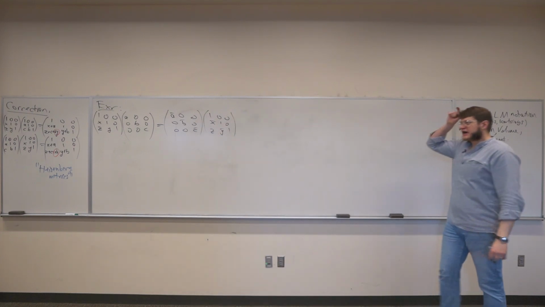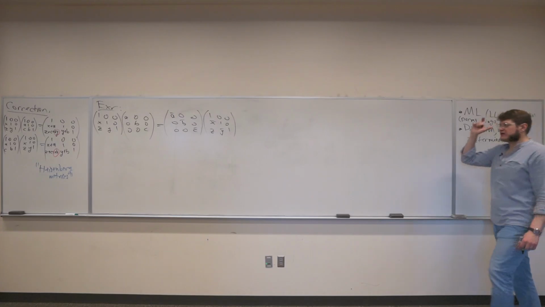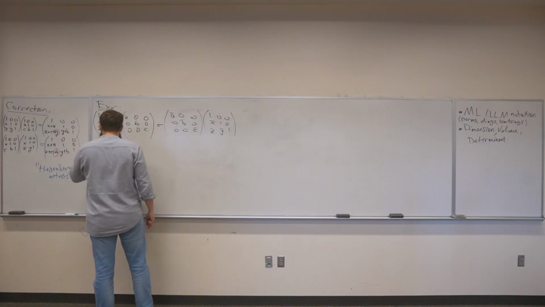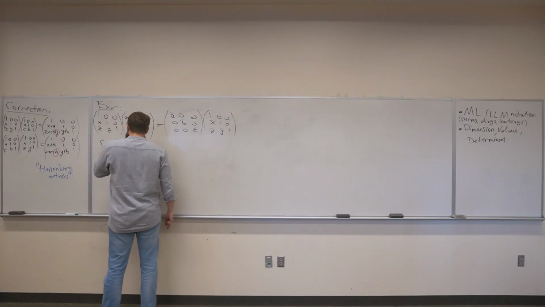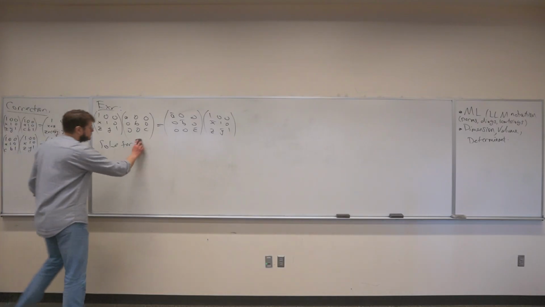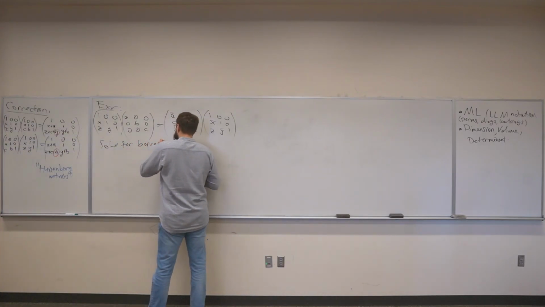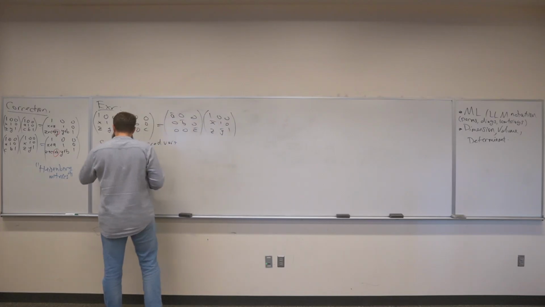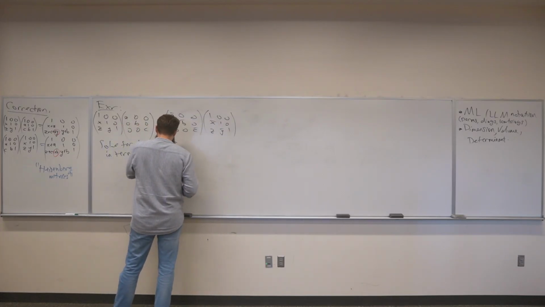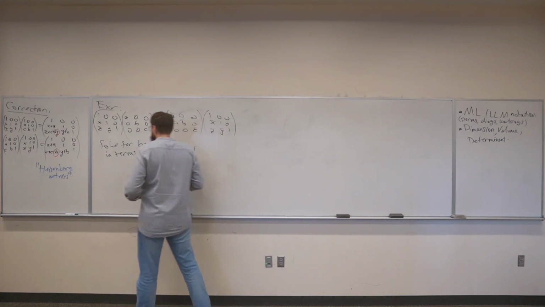The point of this exercise is to solve for a bar, b bar, c bar, and x bar, y bar, and z bar in terms of the other guys. Solve for bar variables in terms of the other ones.